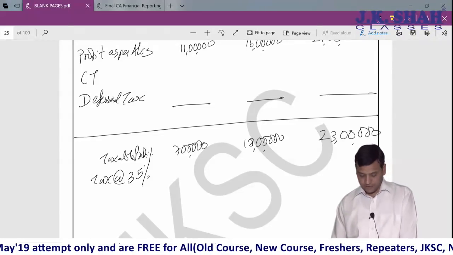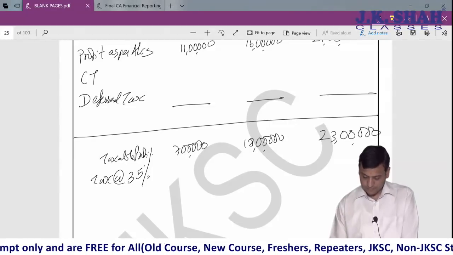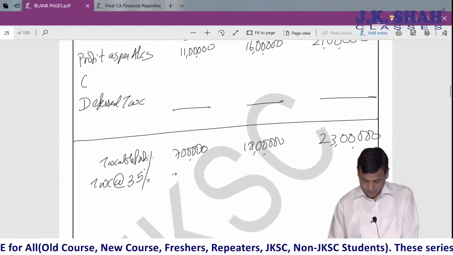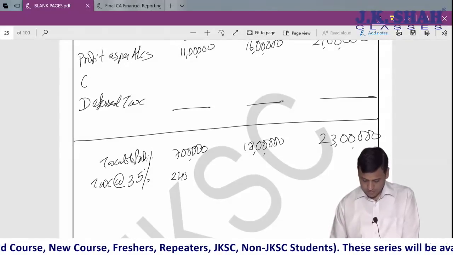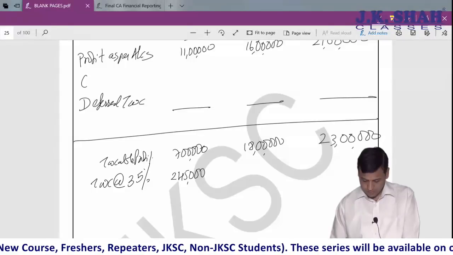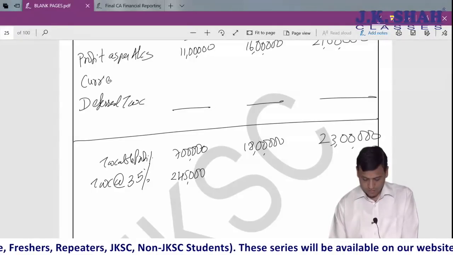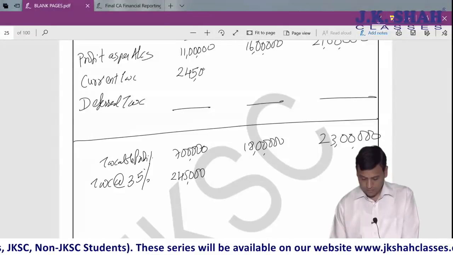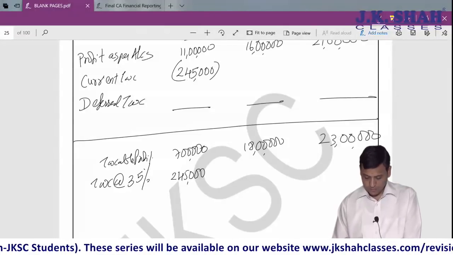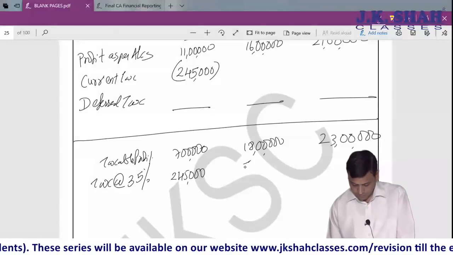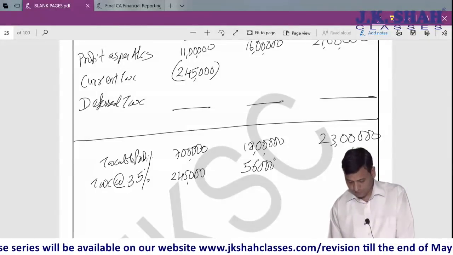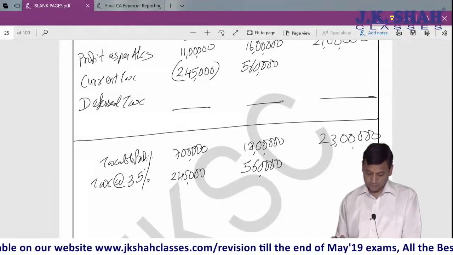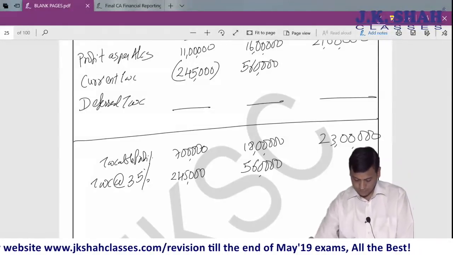Yes, help me out. 35% of 7 lakh. 2 lakh. 5 lakh. 7 lakh.